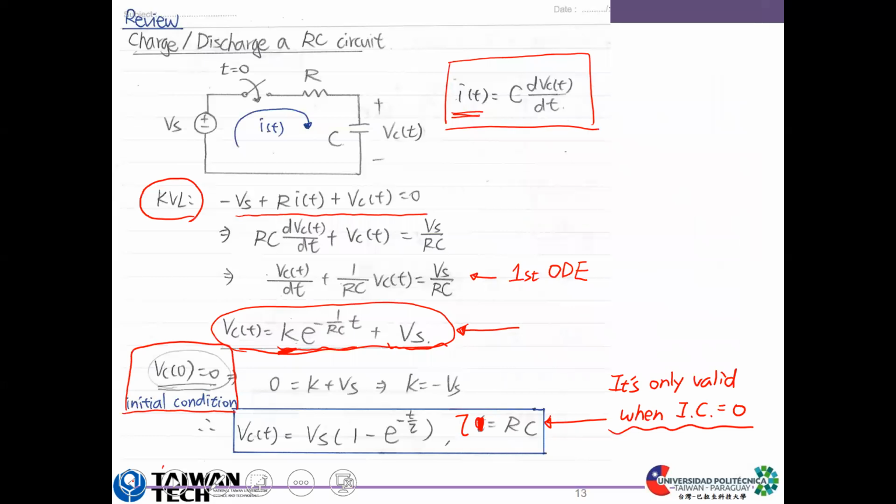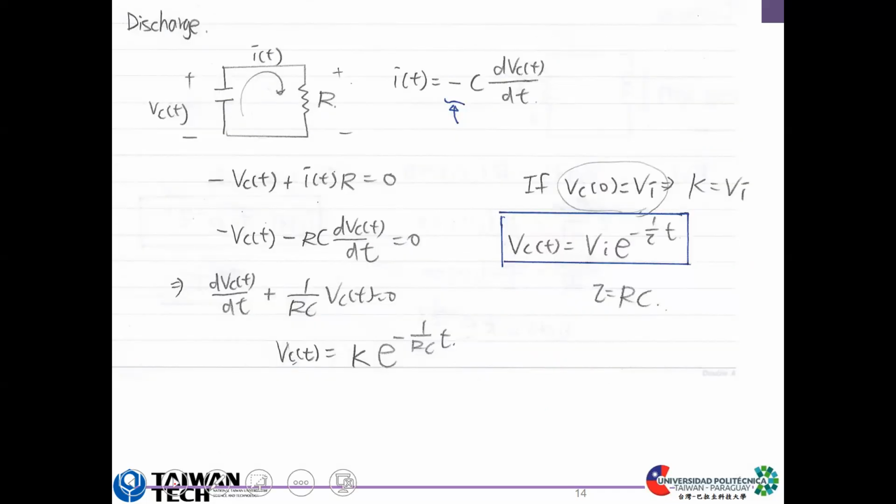You could think of it as once it is fully charged, we break its connection with the source and connect to the resistor, and so it becomes like this.